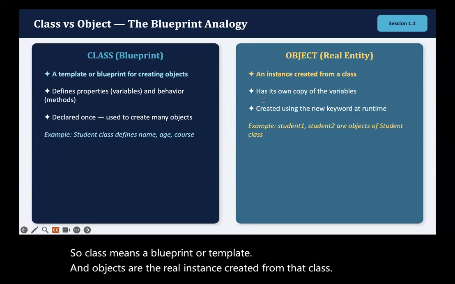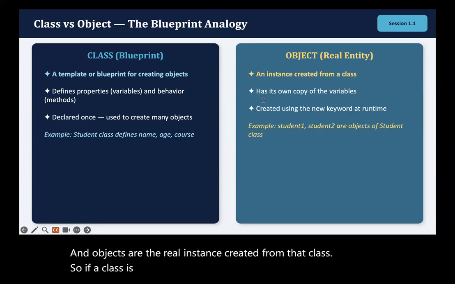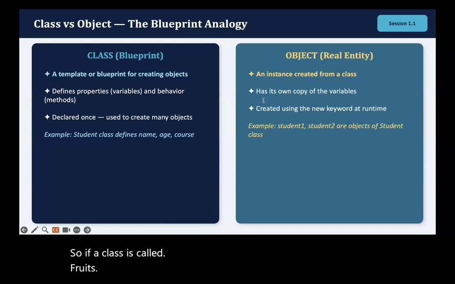So if a class is called fruits, what could be some objects created from it? Mango, apple, orange.